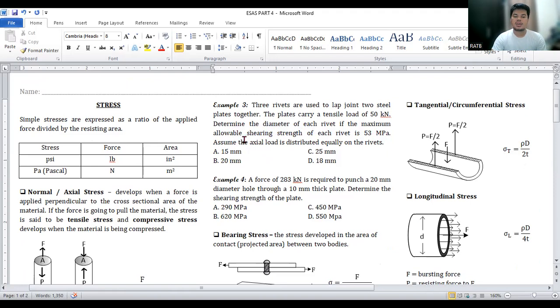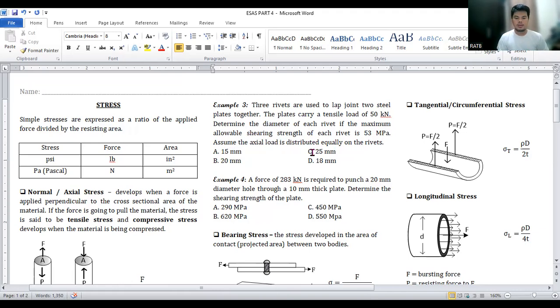Assume the axial load is distributed equally on the rivets.